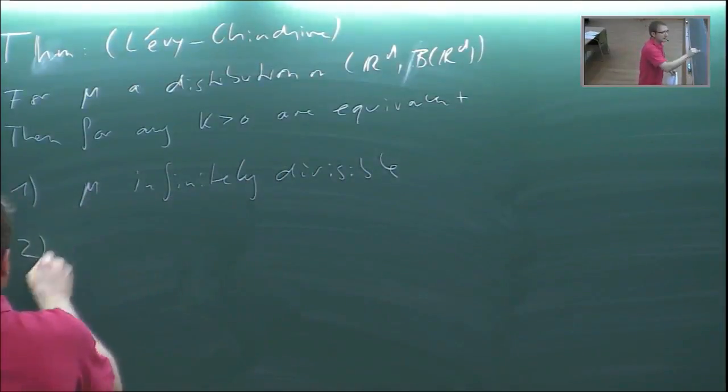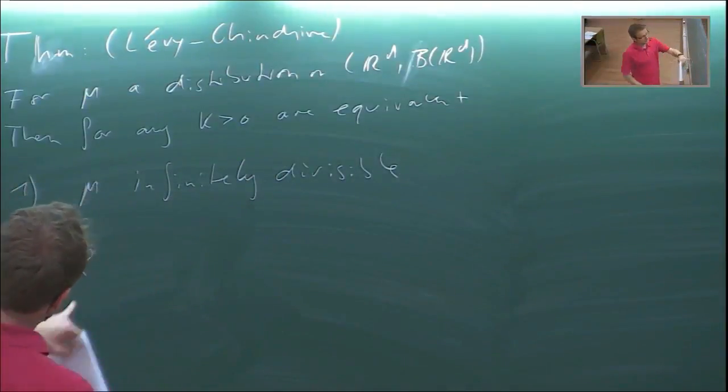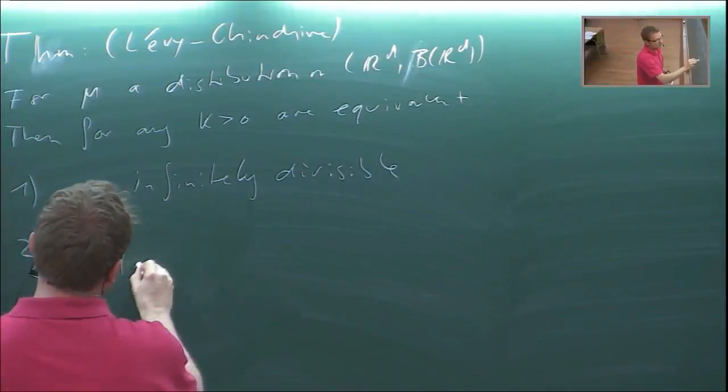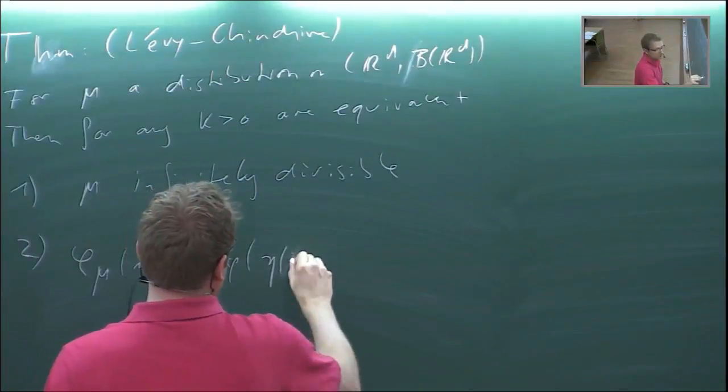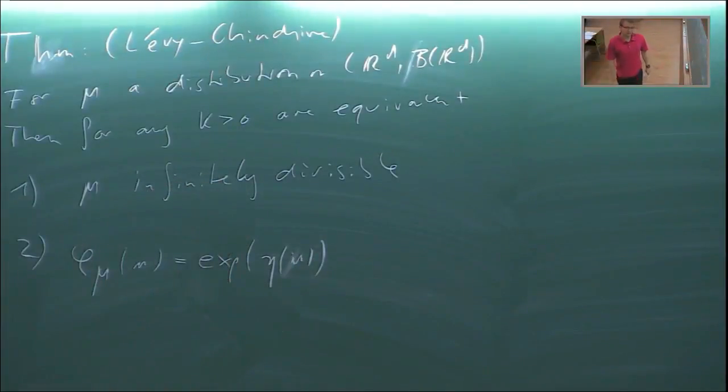And the second thing is that the characteristic function of mu has the following shape. It's exp of eta, as before, and it has something very, very similar to this.